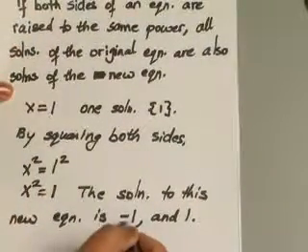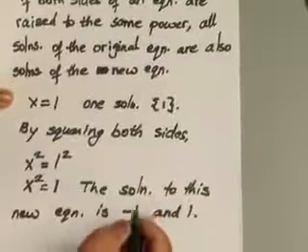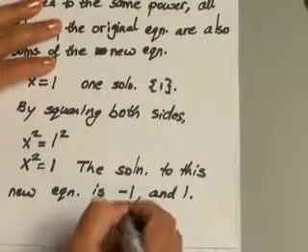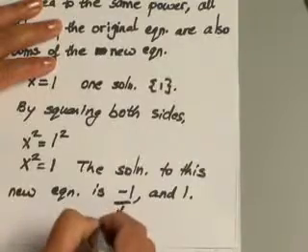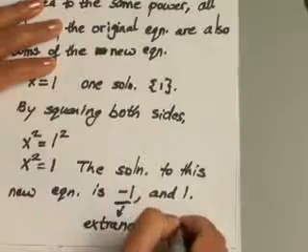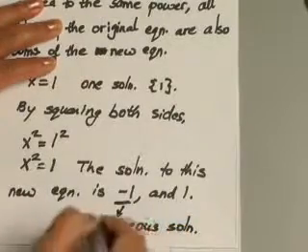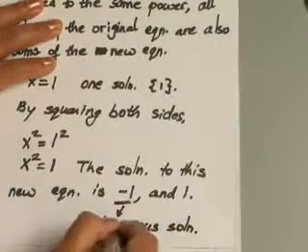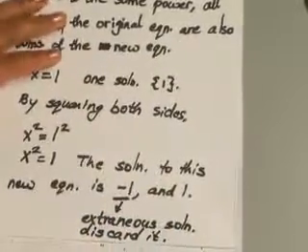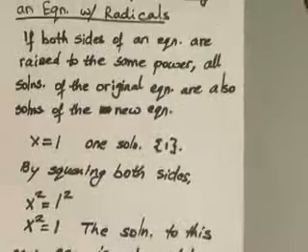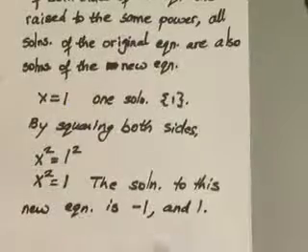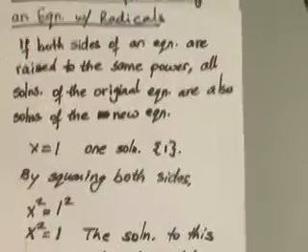Just like we did here, we will exclude the solution of negative 1, and this is what we call the extraneous solution. And so we will go ahead and discard it. We don't want to use negative 1 as part of our solution set for the original one. We use only positive 1.